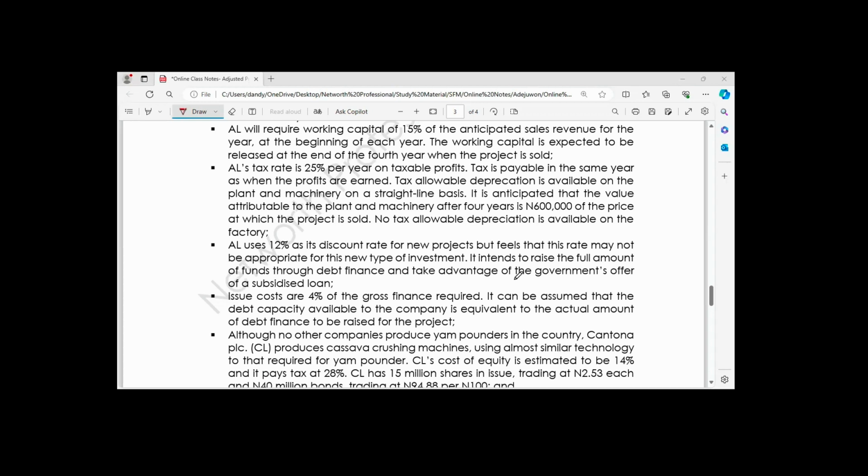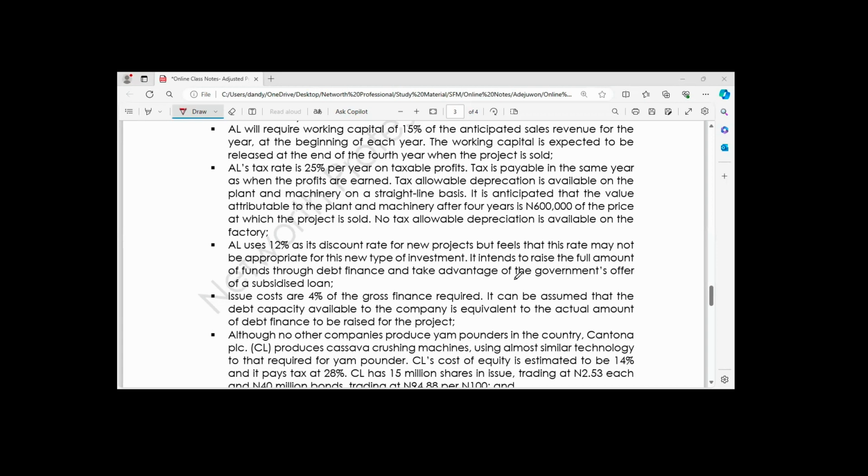It intends to raise the full amount of funds through debt finance and take advantage of the government's offer of such subsidized loan. Issue costs are 4% of the gross finance required. It can be assured that the debt capacity available to the company is equivalent to the actual amount of debt finance to be raised for the project.